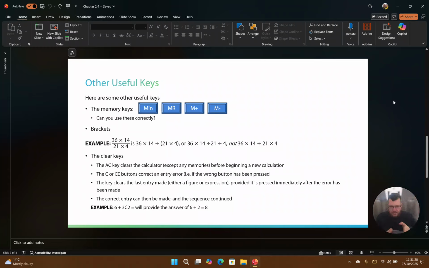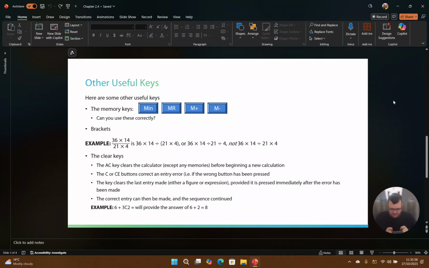Okay, so that's what the example equates to. You just have to remember that that fraction is equal to 36 times 14 over 21 times 4. You do the brackets. Or 36 times 14 divided by 21 divided by 4. We'll double check that. So we know that the correct answer is 6.